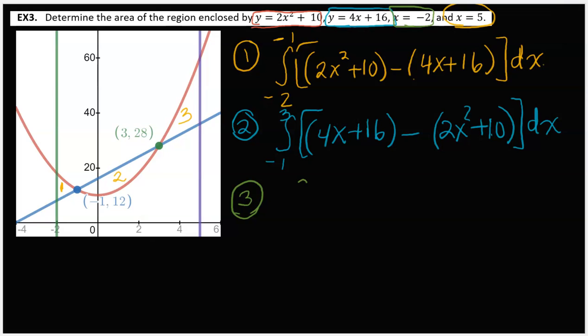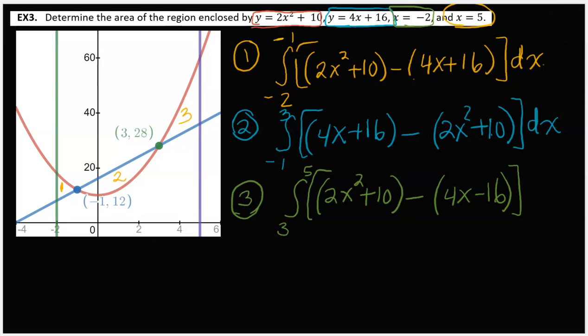So the integral from 3 to 5 of the parabola, 2x squared plus 10, minus the blue, 4x plus 16, with respect to x, where dx is the base of my rectangular strip that goes from here to here. All right, so that is that.